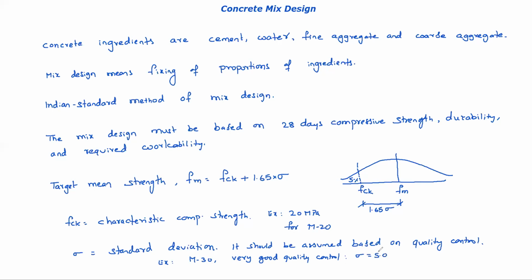Good means 6. Fair means 7. Like that, the code specifies those sigma values. So based on the quality control we have on the concrete, we need to assume this standard deviation. So finally, we fix this target mean strength, right? After getting this target mean strength, we need to find the water cement ratio.